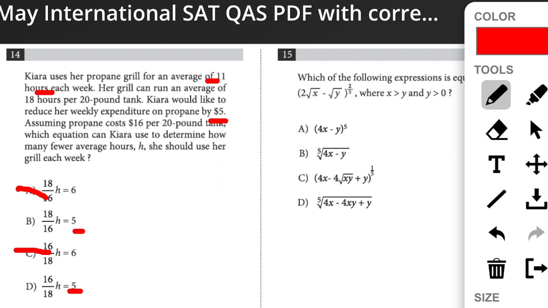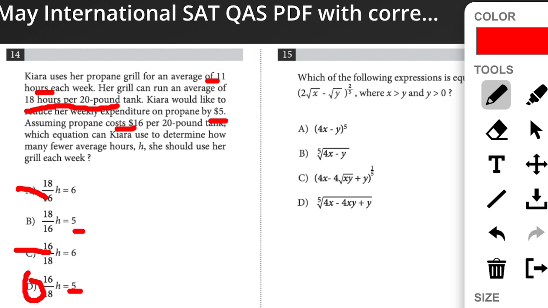So our numerator has to do something along the lines of cost as well, because they both have h. Does 18 or 16 have something to do with cost? 18 has to do with hours per 20-pound tank, and 16 has to do with cost. It says propane costs $16 per 20-pound tank. So it has to be option D. Why?